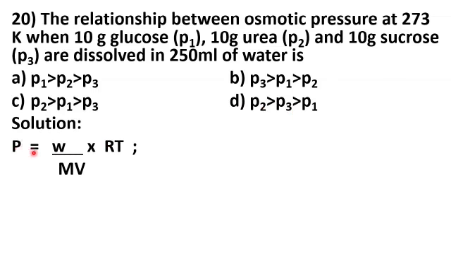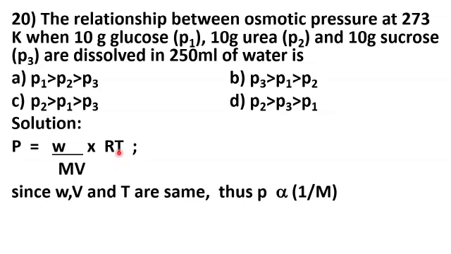So we have pressure P is equal to weight of the molecule divided by molar weight into volume, into R into T. R is the universal gas constant, T is the temperature. Since the weight of the substance is 10 for all, it is constant.